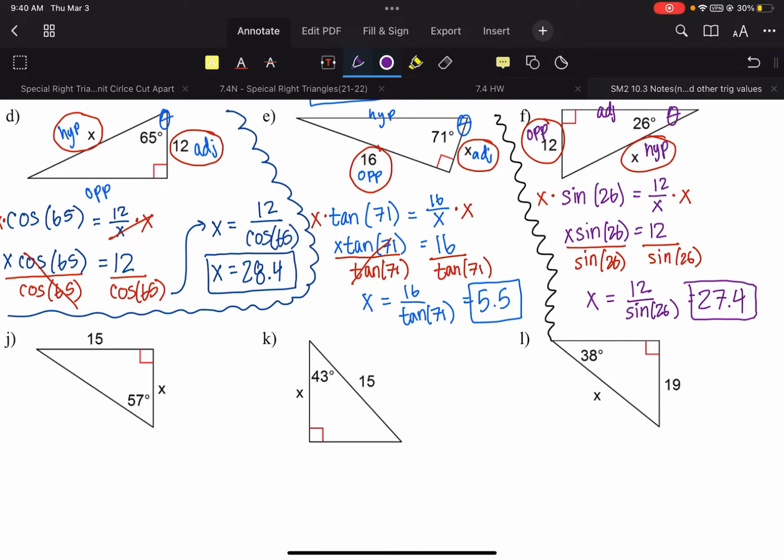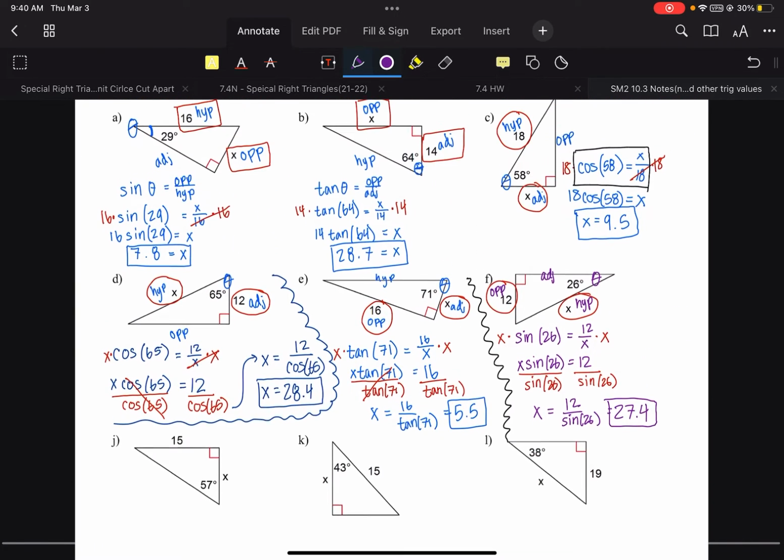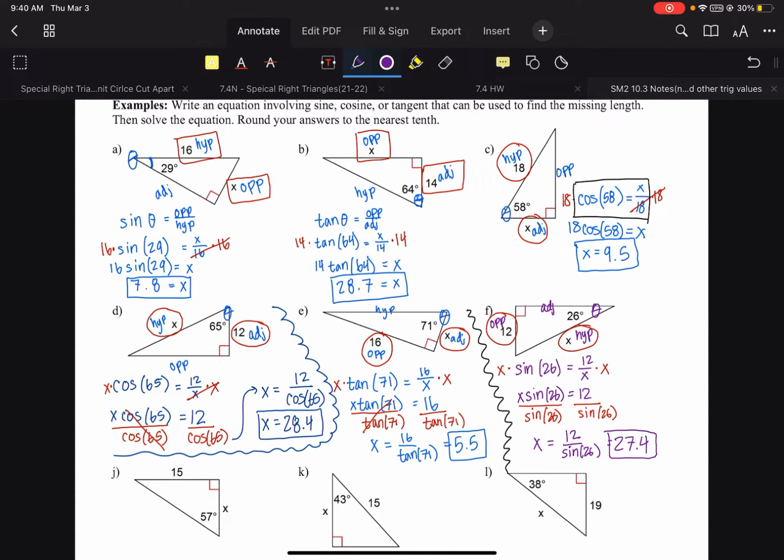If you are feeling confident on what we've done so far, you are welcome to pause the video and work on your homework now. Before you do so, though, I want you to notice that there's some patterns. Sometimes we're doing the side length times, like 16 times the sine of 29. Sometimes we're dividing, like 12 divided by the cosine of 65.